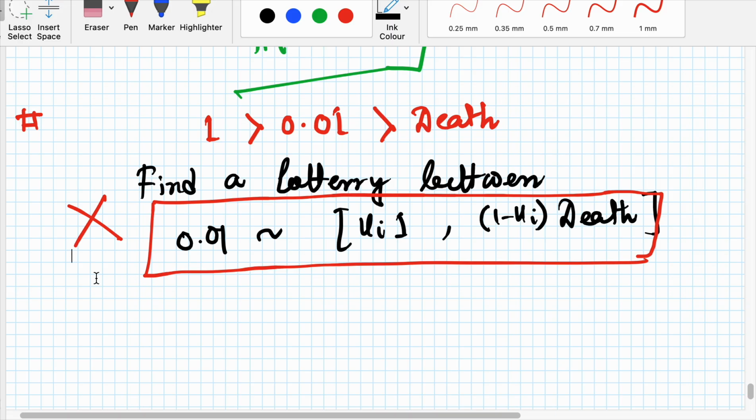So that's why it is not logical to represent a lottery with 1 rupee and death, and it is not quite true that this kind of situation refutes the axiom.